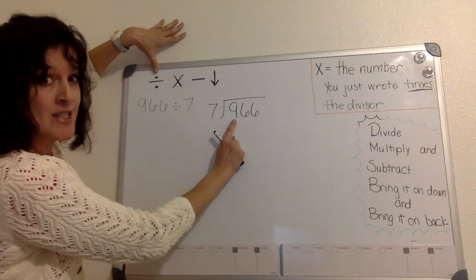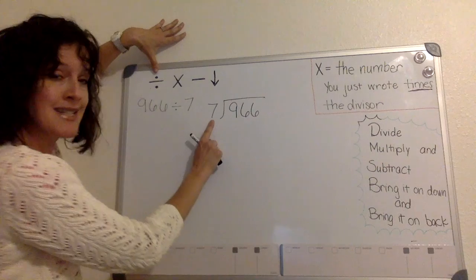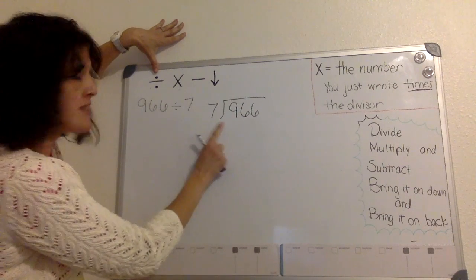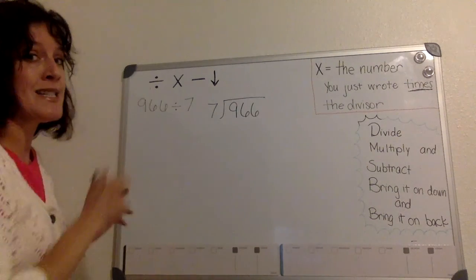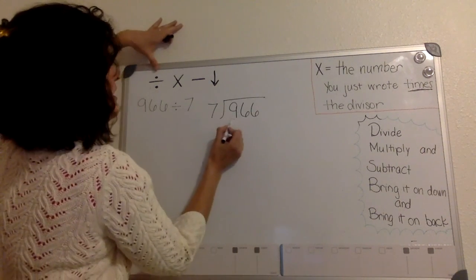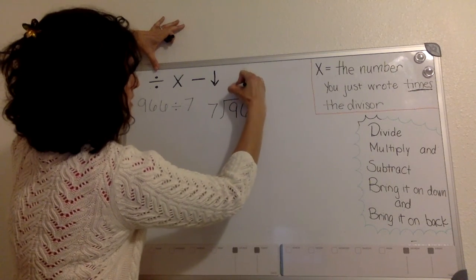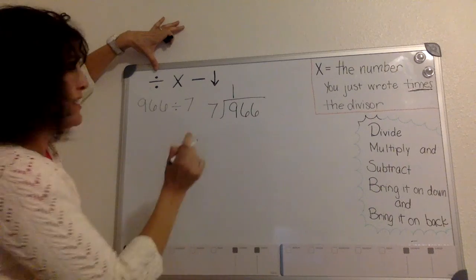Let's look at this first number because that's where we start. 9 divided by 7. Do any 7s fit into 9? Yeah, of course. We've got one 7 that can fit into 9. So 9 divided by 7 is 1. And of course, there's a leftover. We'll get to that in a minute.